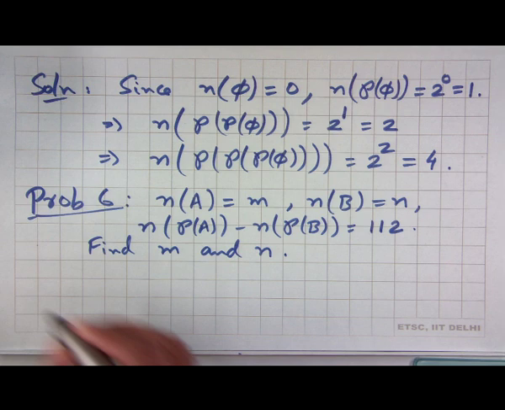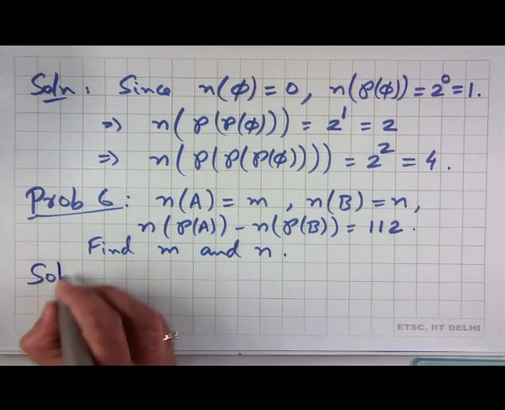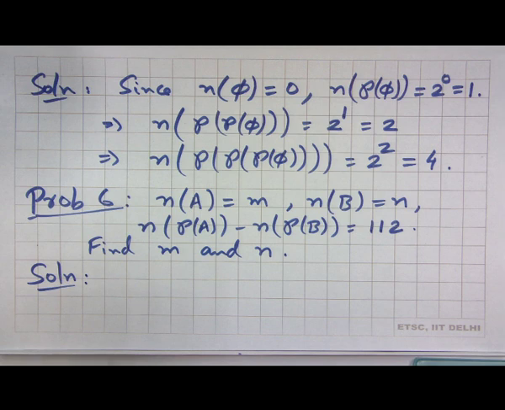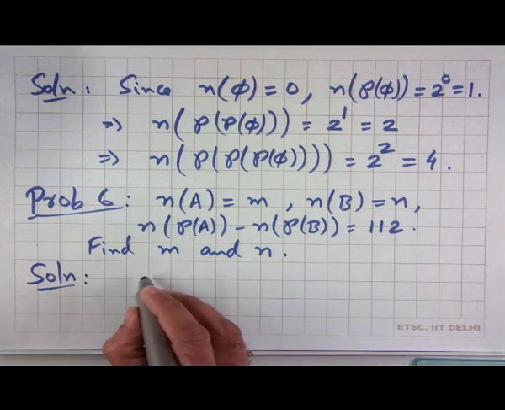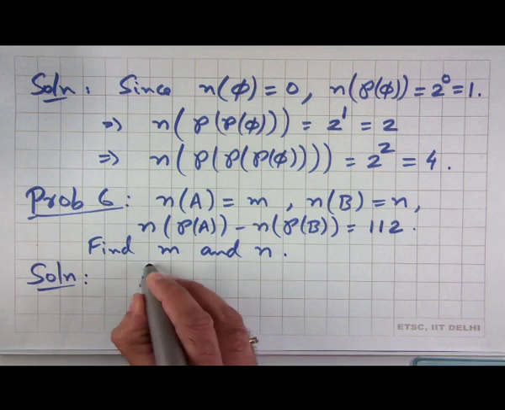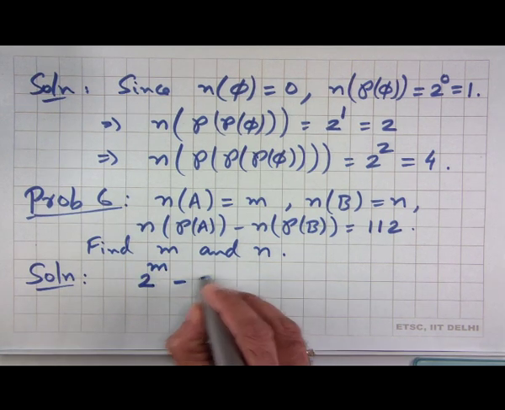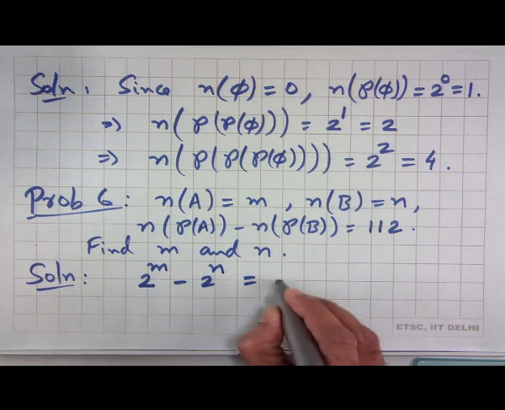So, what is given here is 2 to the power m minus 2 to the power n is equal to 112.